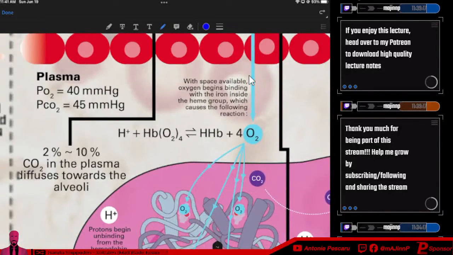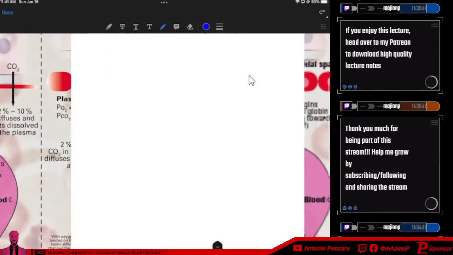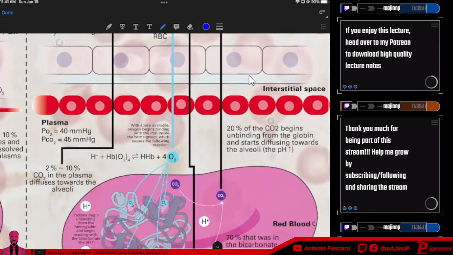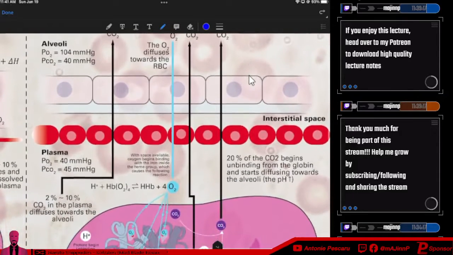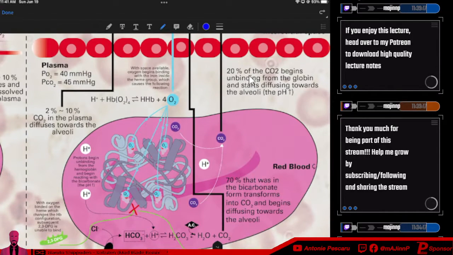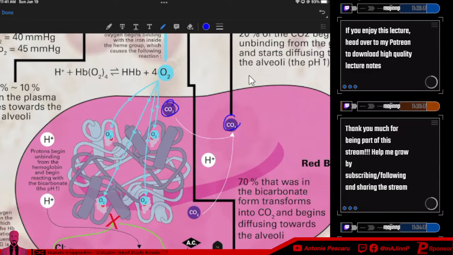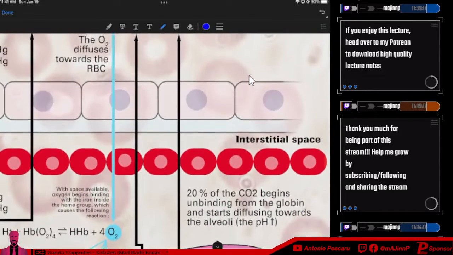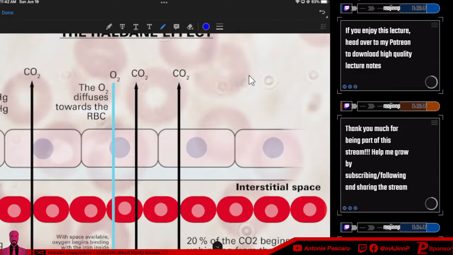The partial pressure of CO2 inside of the pulmonary capillaries is 45 millimeters of mercury. Again, the law of diffusion states that it will go from higher pressure to lower pressure, so from 45 millimeters to 40. And it senses that. So CO2 starts detaching. Eventually, 20% of the CO2 that was attached to the globin group leaves and goes into the alveoli.